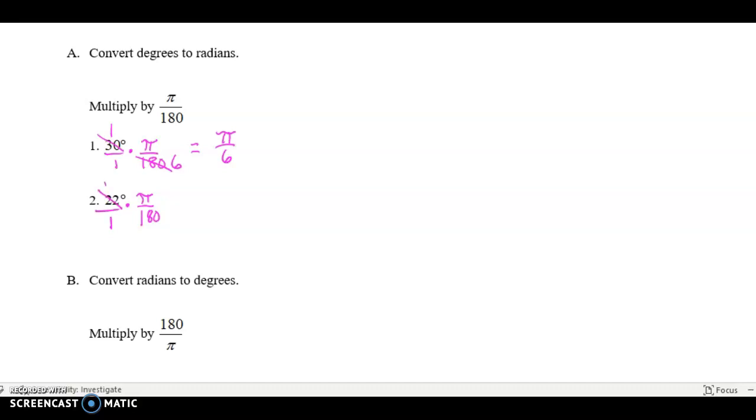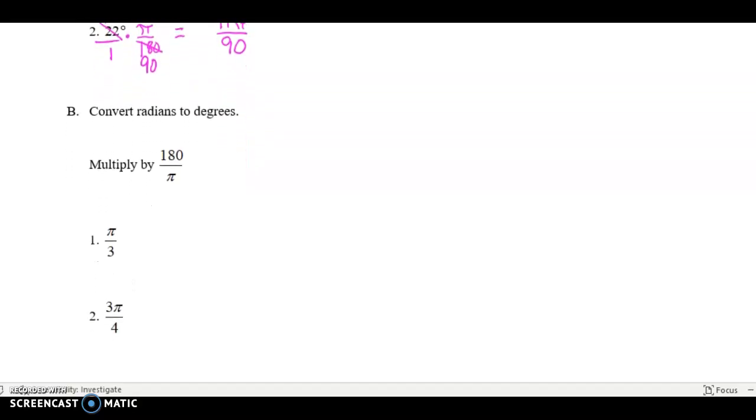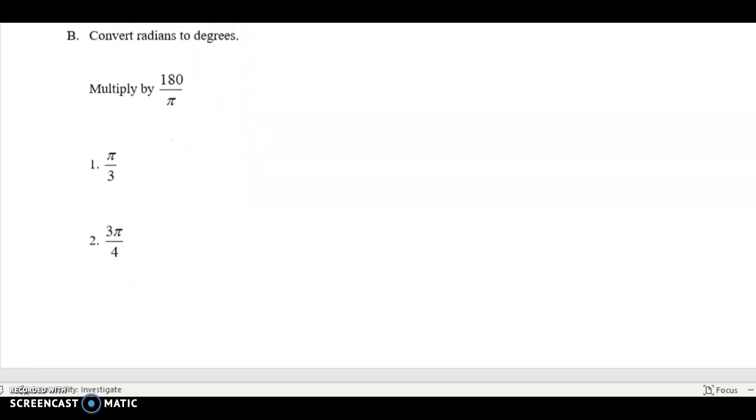I know 2 goes into 22 11, 2 goes into 180 90 times, and that would give me 11 pi over 90.